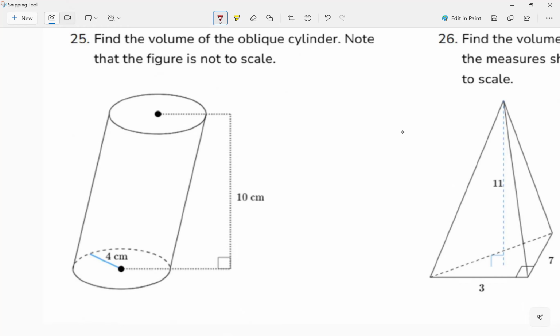So I'm just gonna say that the volume of this is still gonna be the area of the base times the height. So the base happens to be a circle with the radius 4. So the area of the circle is gonna be 4 times 4 pi. Let me use 3.14 this time.